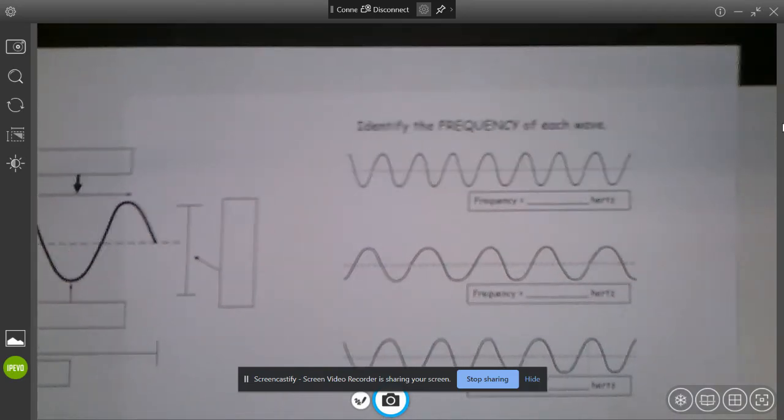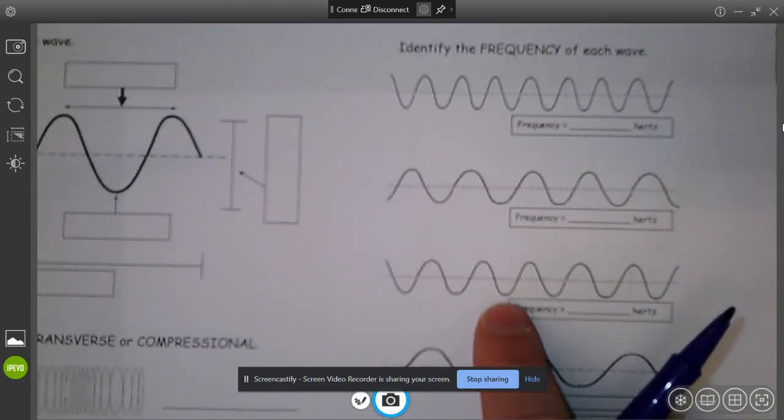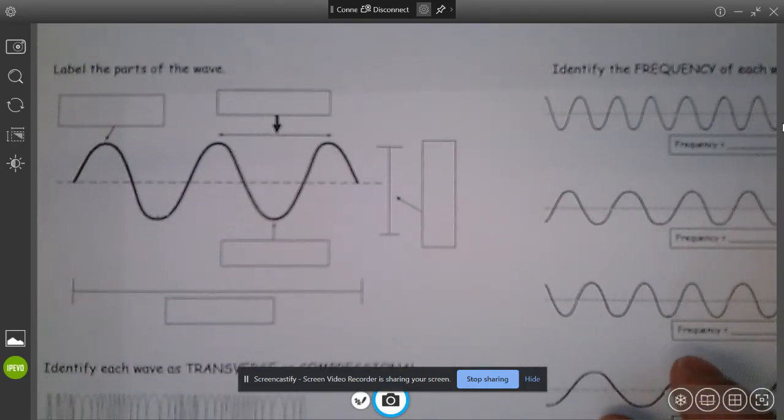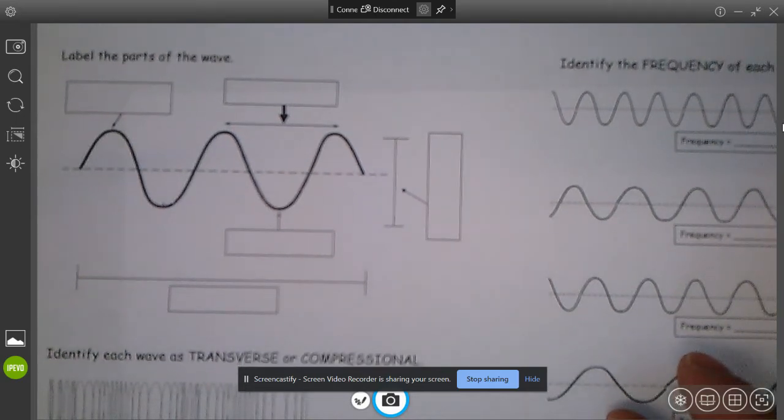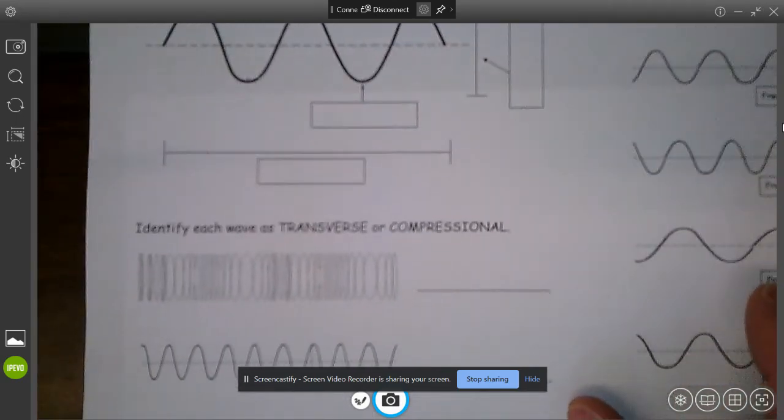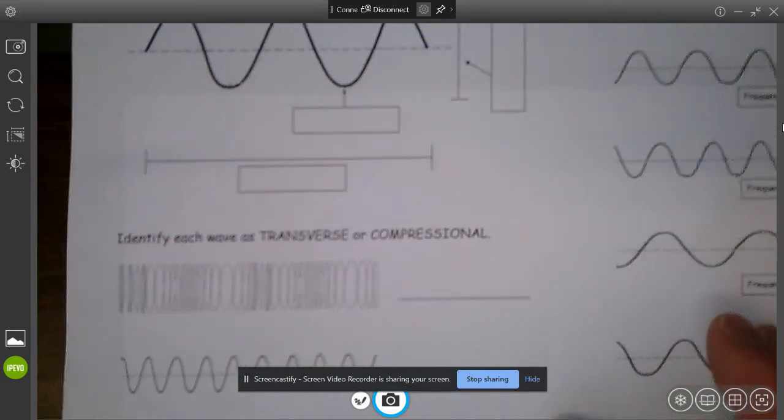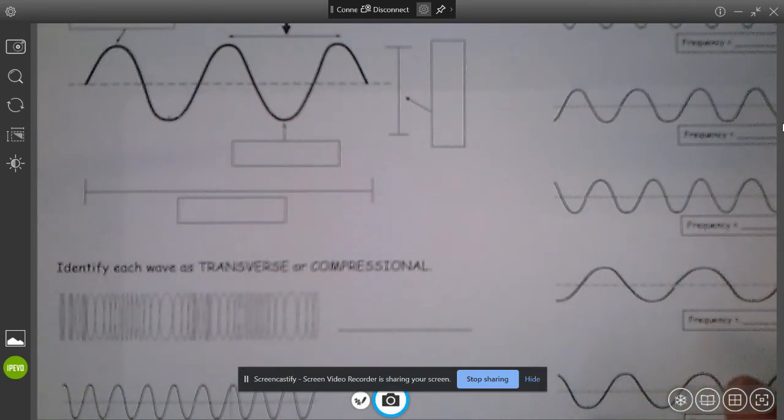So the first worksheet I want you to look at is the one that looks like this. Thank you.